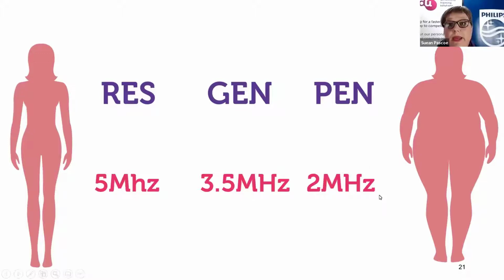For larger patients, dropping the frequency straight away matters, especially for the subcostal view, where you've got to get through some liver tissue and the top side of the heart is quite a distance away from the probe. If you dial your frequency down, it's like turning on the lights in the far field.